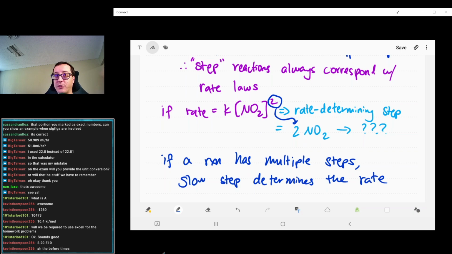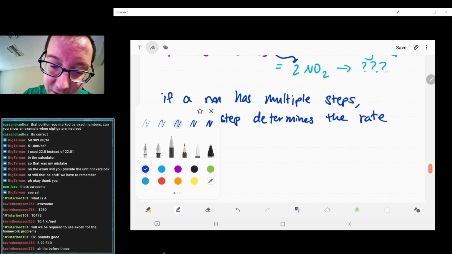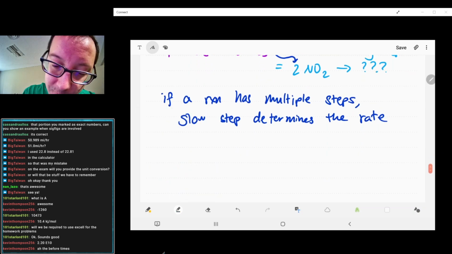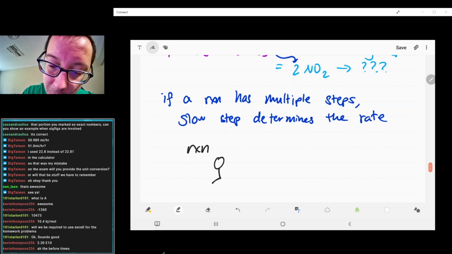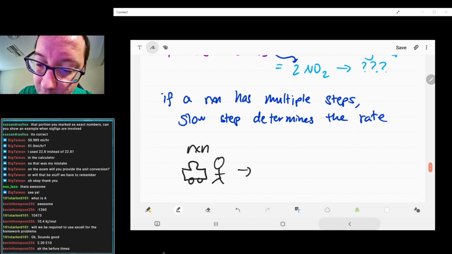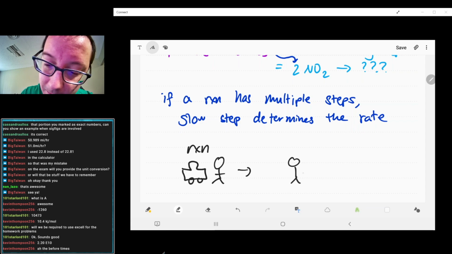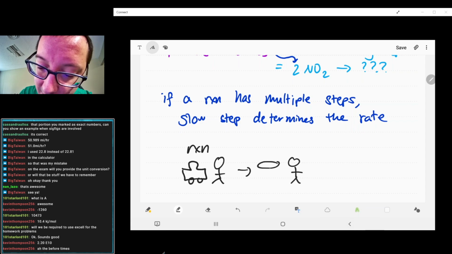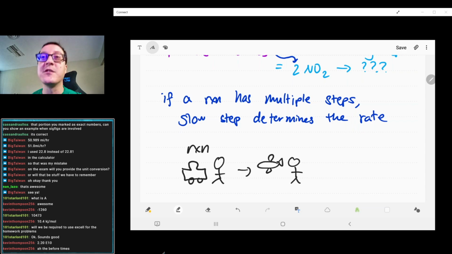And then once you got through the security line, you are wandering to your gate. So for example, here's a reaction: person from car to person on plane. Can I draw a plane? No. I guess it's a fish.